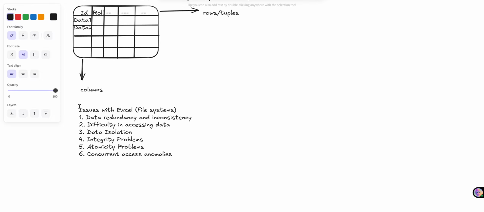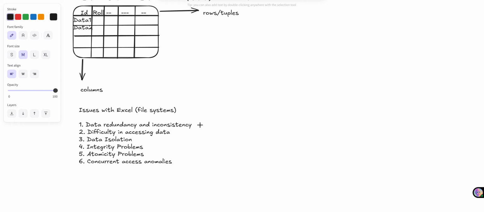Okay, so these are the issues that we have with file systems. Now what are these issues? I can explain you everything one by one.